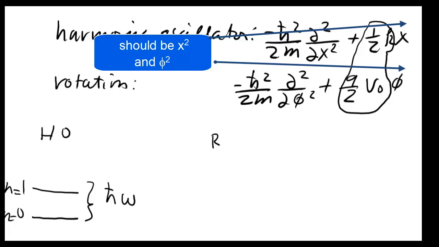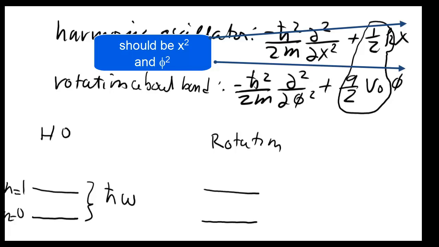For the rotation about the bond, just to not be confused, that's not rotation of a molecule, it's rotation about a CC bond of the CH3 group. Again, we'll get the same quantum numbers, n equals 1, n equals 0, and so on, because we have exactly the same kind of equation for the harmonic oscillator and the rotation about the bond.